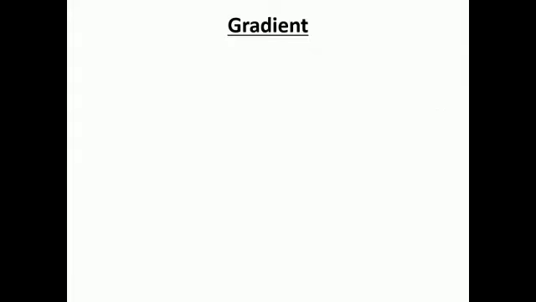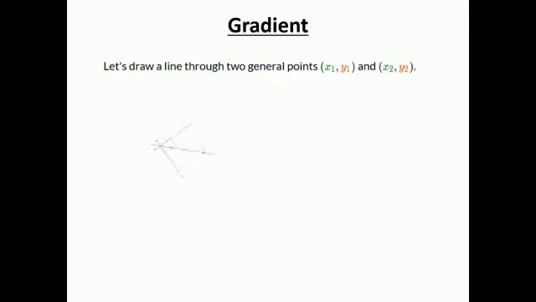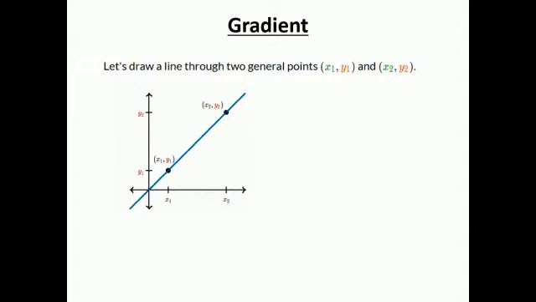Okay. So we can start some examples. Here we have x1, y1 and x2, y2, 2 points. So how are they marked there? See. This is a graph and you can see a line. On the line you can see 2 points, x1, y1, x2, y2, that means the coordinate points.